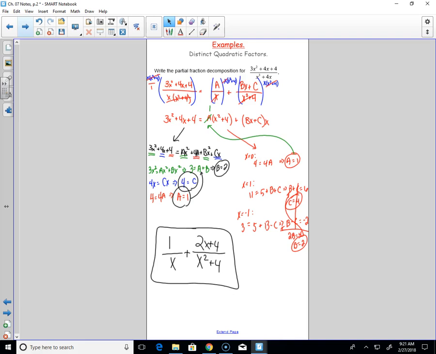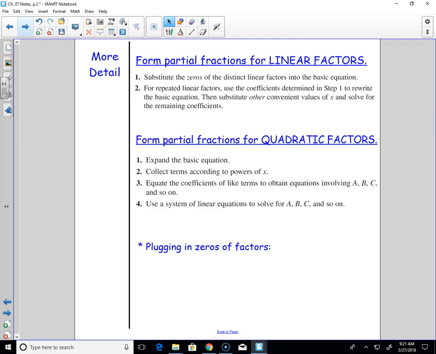Yes. Okay. And for those of you that were gone, you get to catch up. Here's a page which maybe some of you want to take a quick picture of and write down later. I don't know if you necessarily need this page, so I'm not going to give you time to write it in class. But if you want to peek at it, what it's saying is, here are some ideas that you can do. You can do the thumb trick method of finding the zeros of the factors and plugging in.